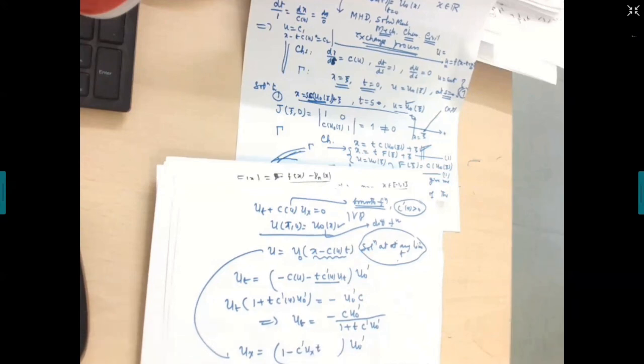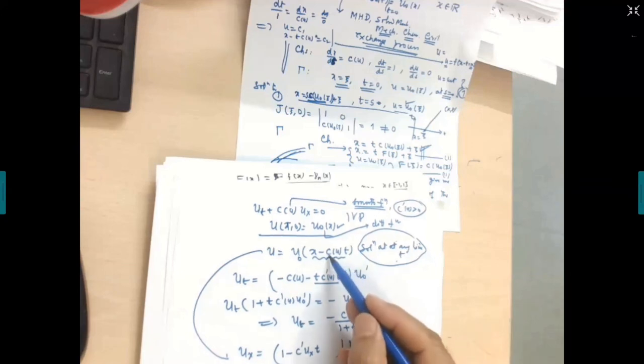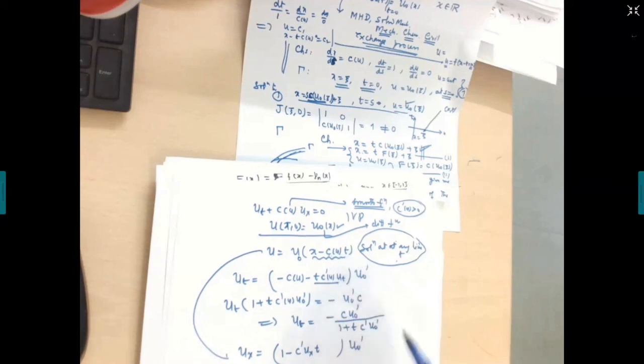Am I right? C prime, its derivative with respect to x: chain rule, C is a function of u, and in turn u is a function of x. So ux, yes, very right, u sub x.